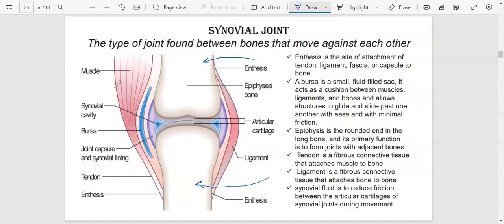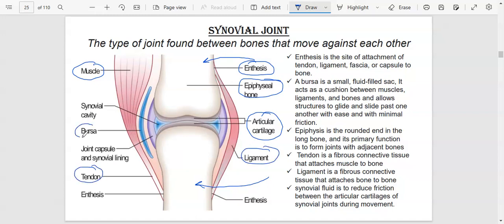For the synovial joint, we need to know some different parts. Of course, you have the muscle that is going to attach to the bones. You have the enthesis there. We have the epiphyseal bone, which we are going to understand more. We have the articular cartilage, the ligament, the tendon.